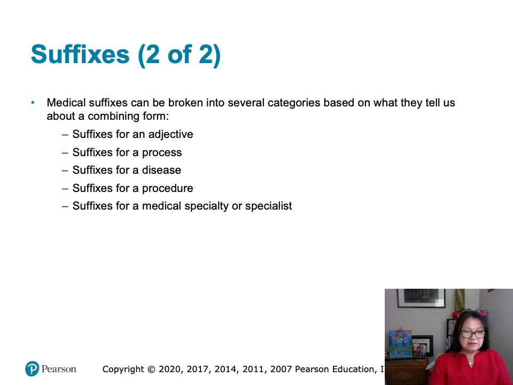This system gives us 5 types of suffixes: suffixes for an adjective, for a process, for a disease, for a procedure, and for a medical specialty or specialist. Let's consider each category of suffix more closely on the following screens.